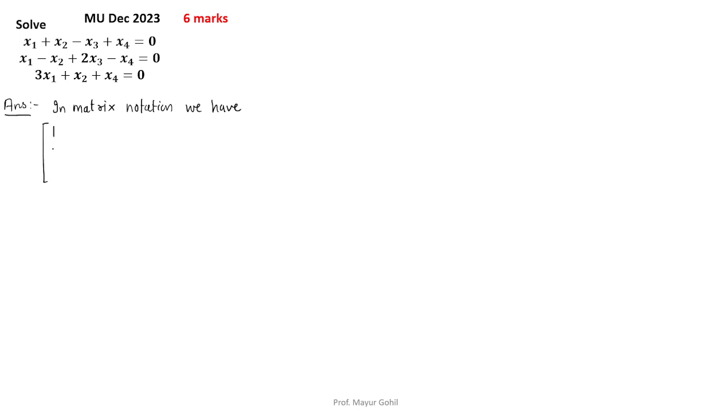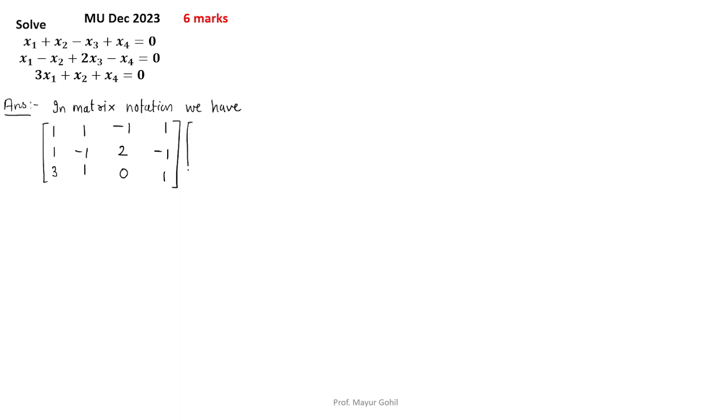The system appears in this way. So it will become 1 1 3 1 minus 1 1 minus 1 2. Now you see in the third equation x3 is not there, so that means the coefficient is 0. And then in the fourth variable the coefficients are 1, minus 1 and 1.